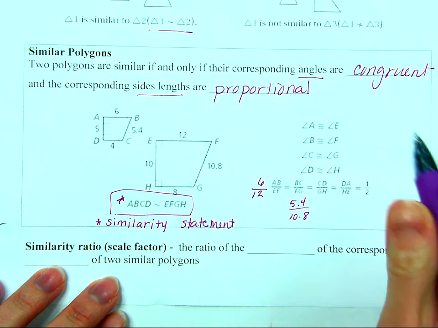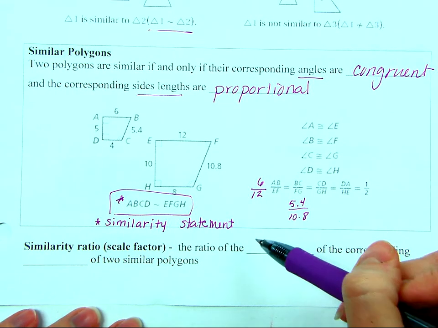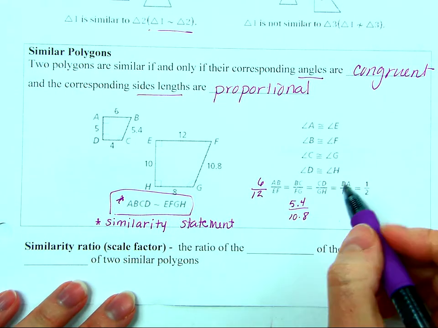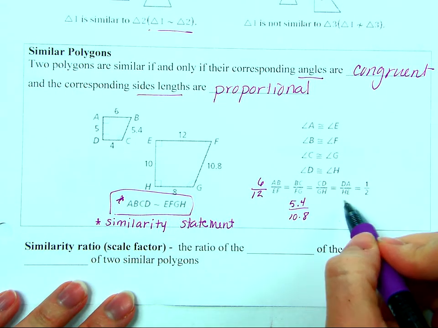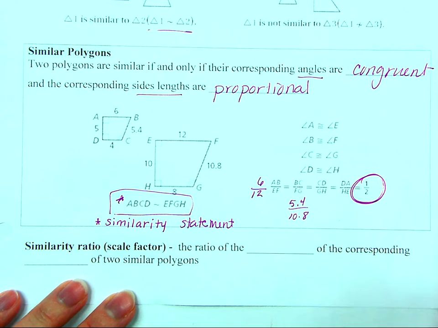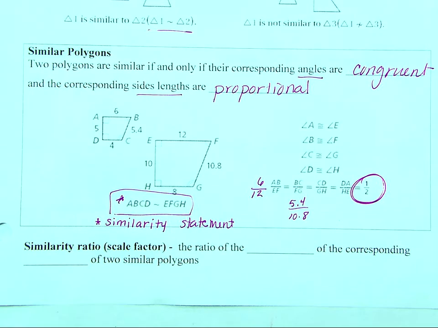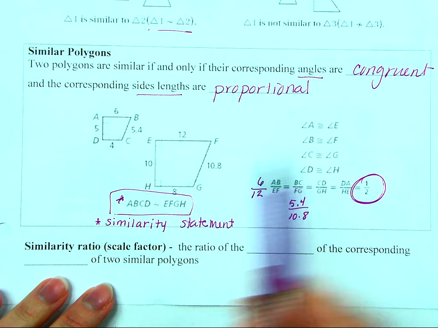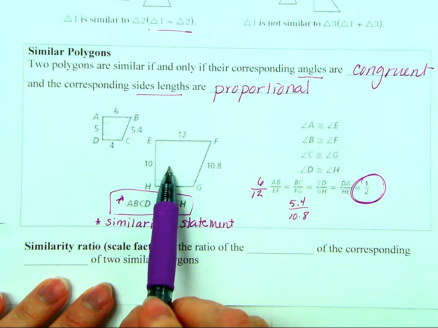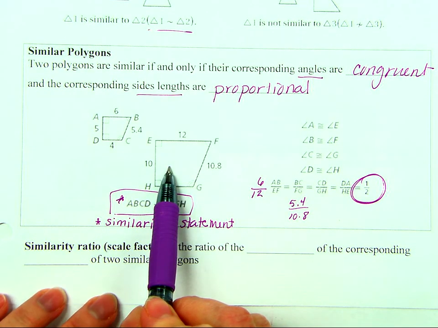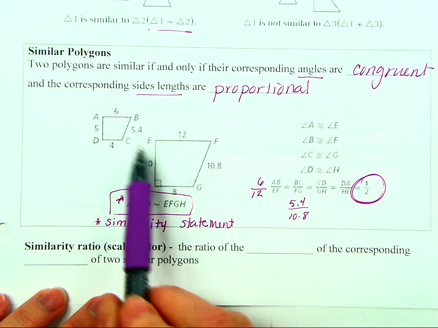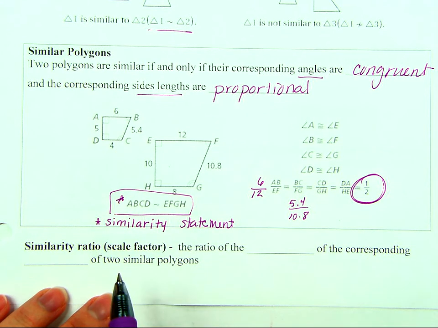I can see they all have a similar ratio. And in the end, if we would check each pair of sides, we would say that the similarity ratio is 1 to 2. Now I am comparing here the small to big ratio of 1 to 2. However, if I were comparing big to small, that would be a ratio of 2 to 1.